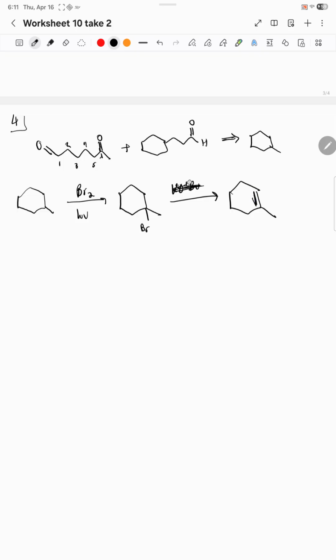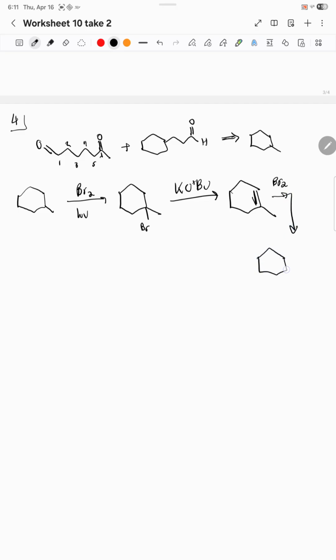So if we continue using potassium tert-butoxide, now we could probably do just normal halogenation. If that were the case, then we'll get the following.